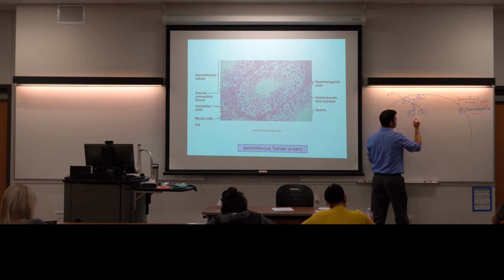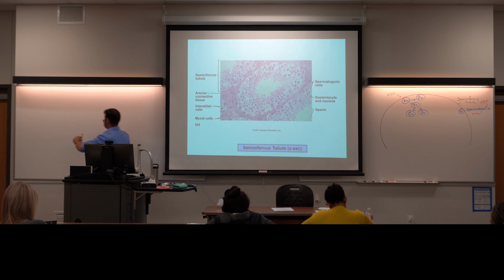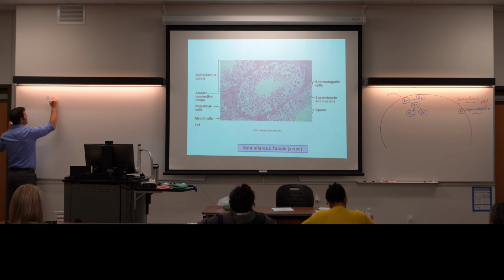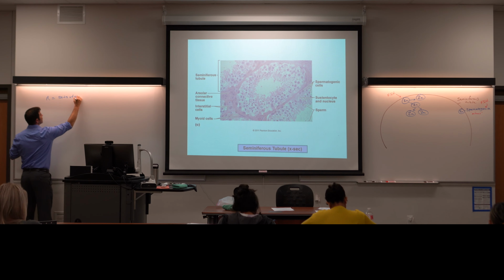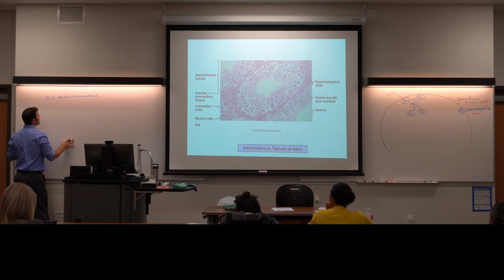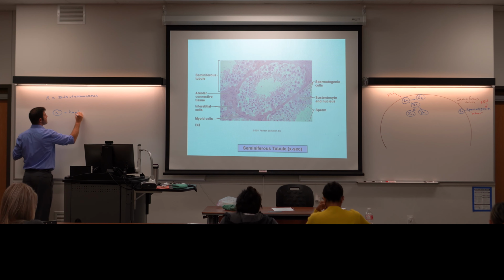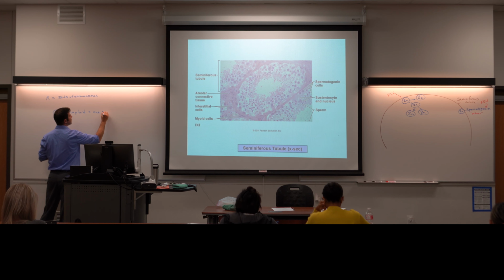Let me come over here and remind us of something, because it's maybe not something we've talked about a whole lot: that lowercase n just represents sets of chromosomes. So haploid cells just equal one set of chromosomes.